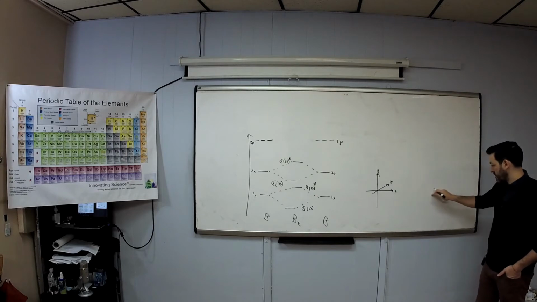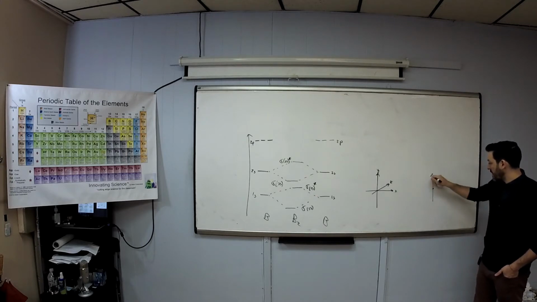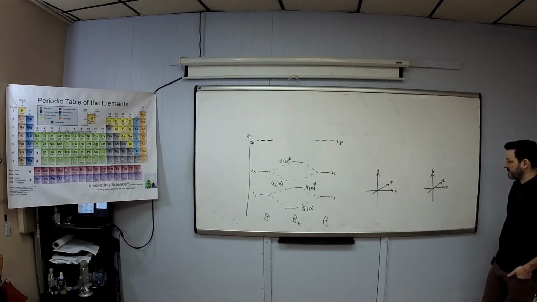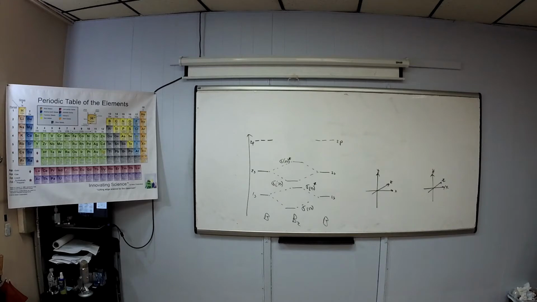And the next boron also has a px, a py, and a pz. So what does it all mean?